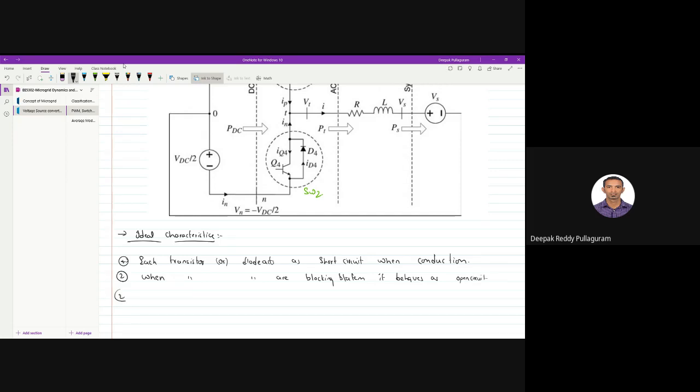This is the second assumption. And the third assumption is there are no trailing currents for transistors.